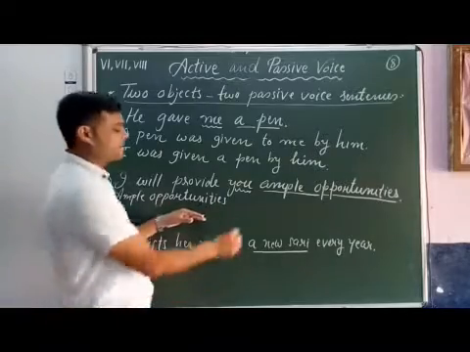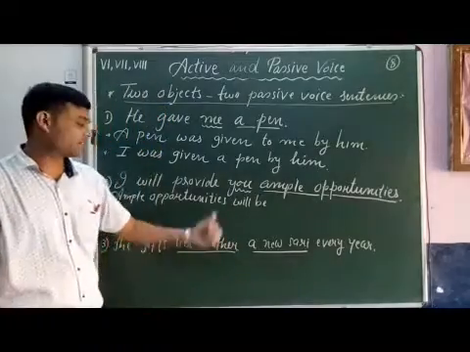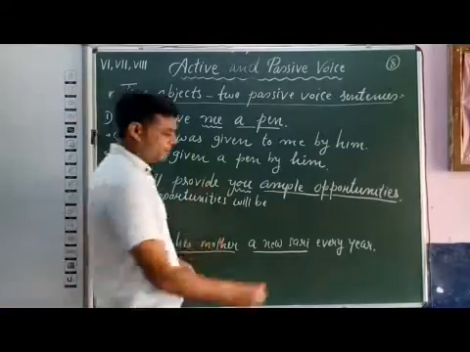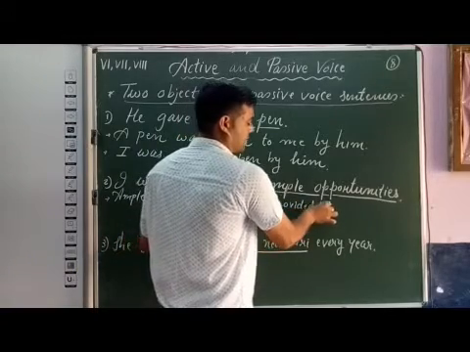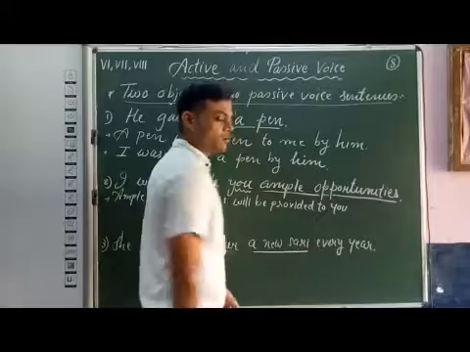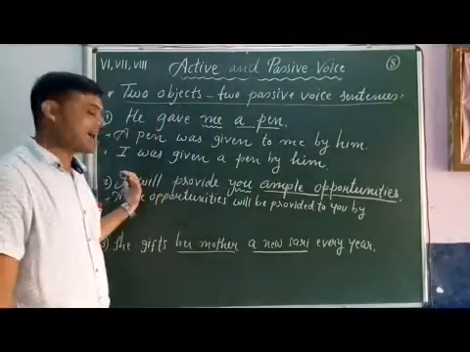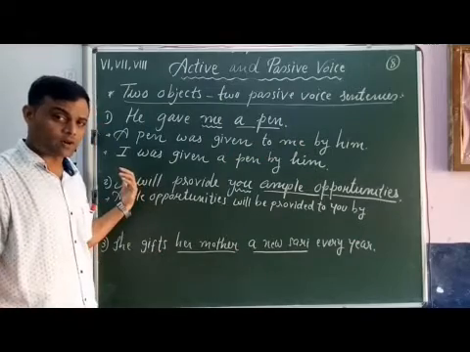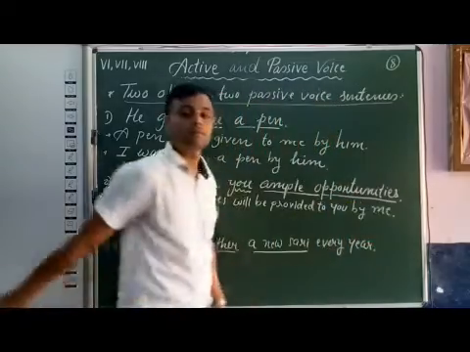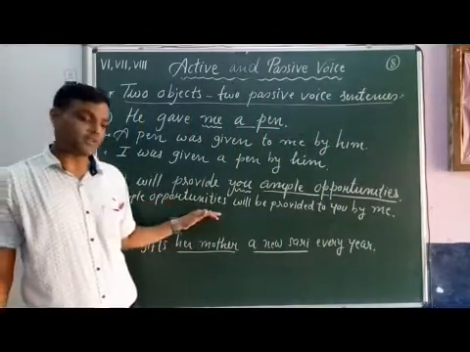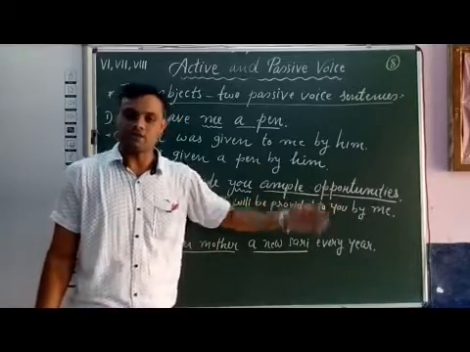So ample opportunities will be, then V3 of provide, provided. Then to, indirect object you, and then by, and then what is the subject here? I. I is a subject pronoun, so its object pronoun is me. Ample opportunities will be provided to you by me. The sentence is in passive voice.